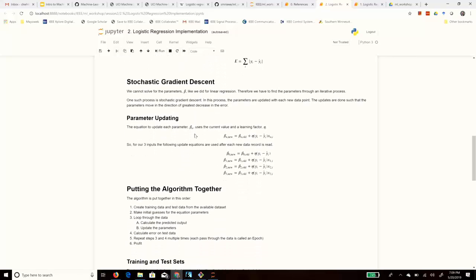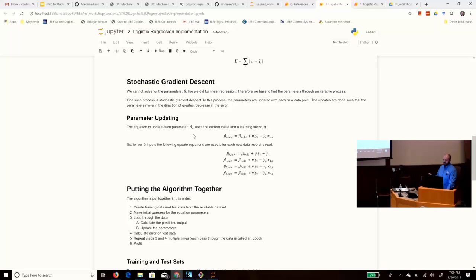But we have to pick an approach to calculate our parameters. Like I said, for linear regression, we are able to solve for the slope and the intercept directly. In this, we can't. So what we're going to do, we're going to make guesses, and we're going to iterate. So the approach I chose to do here is called stochastic gradient descent. If you know anything about solving gradient descent problems, you take your current state, you look at a slope, and you move in the direction of greatest slope.